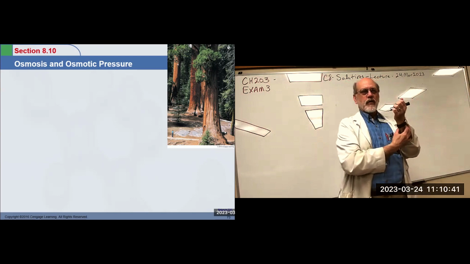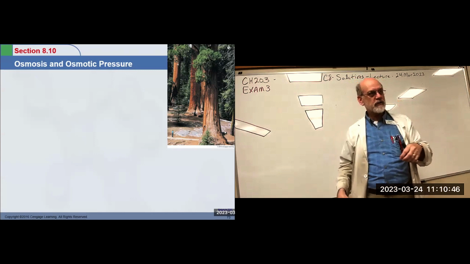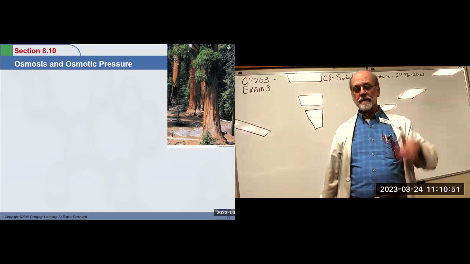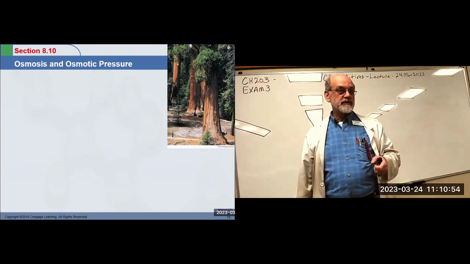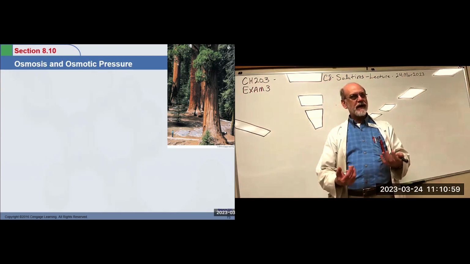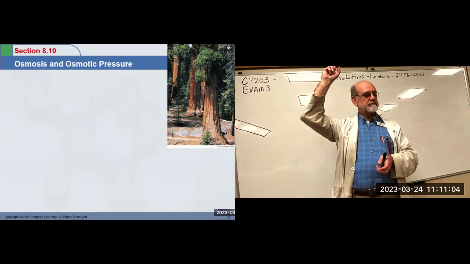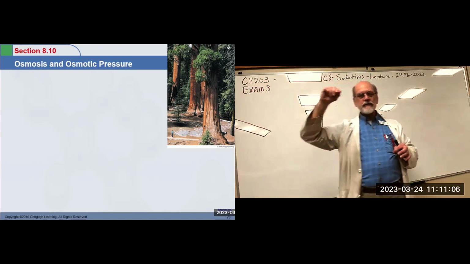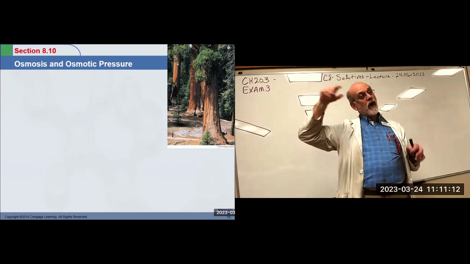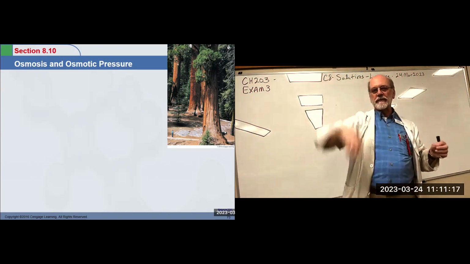Well, that begs the question, if you're interested in knowing how water gets to the top of a sequoia tree, which is 250 or 300 feet high, how does it get up there? Well, the first proposal was there's a column of water inside the tree's xylem tissue, and it's a continuous stream all the way to the top. And if you evaporate water from its leaves, then that sets up a suction and it pulls the water up.